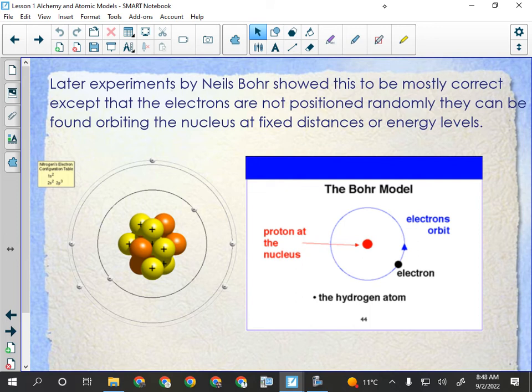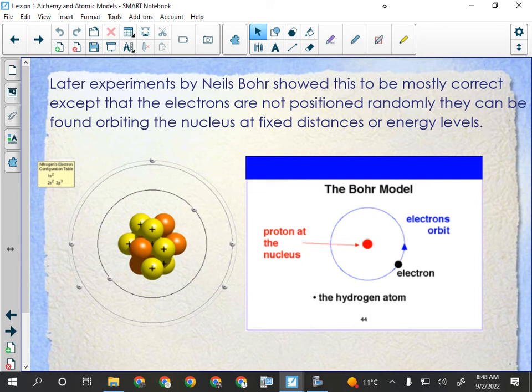Okay, that atoms of the same element are identical, and atoms of different elements are different. Atoms can combine with one another in simple whole number ratios to form compounds. And in a chemical reaction, atoms can be separated, joined, or rearranged, but not changed into atoms of other elements. Okay, so those are the 4 points. Make sure you know them for next week.